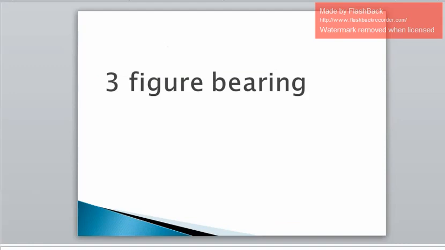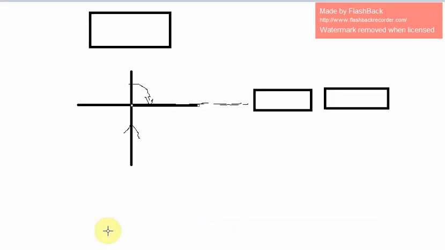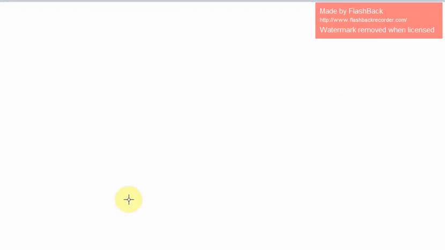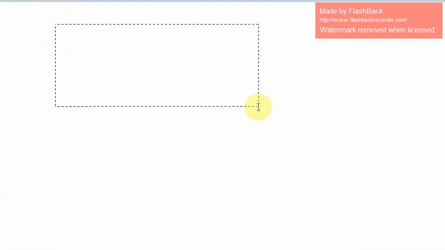Now, let's look at what is three-figure bearing. As the name suggests, three-figure means bearings under this category use three digits to represent any angle that is provided.